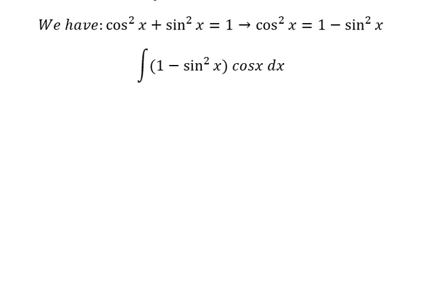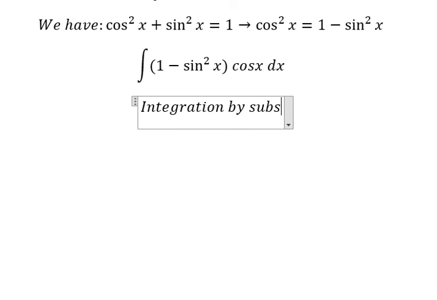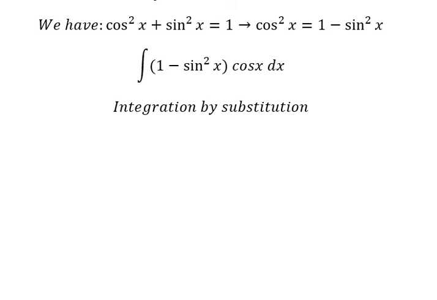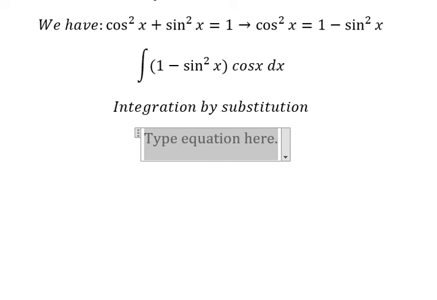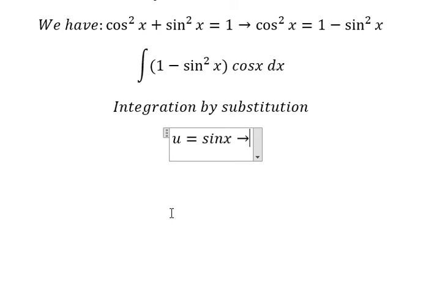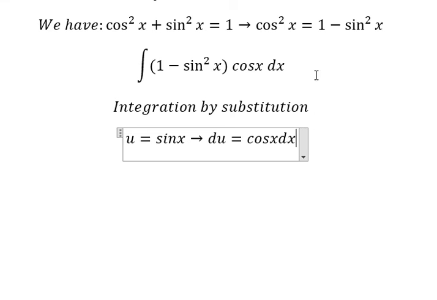Next, we need to use integration by substitution. So I will put u equals sin x. Later, we take the first derivative of both sides, and we have du equals cosine x dx.